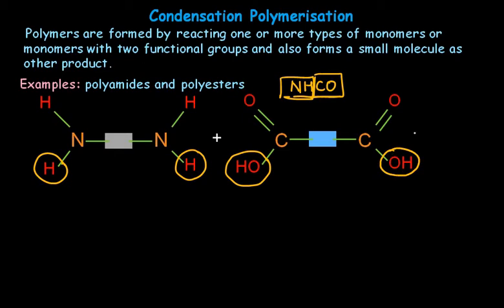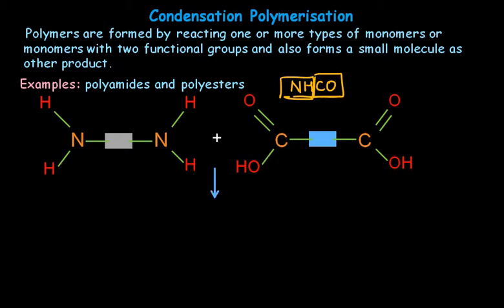Then only it can form a long chain polymer. If only one part of the water is removed, then only a dimer is formed, that is, only two monomers join together to form the dimer. But to form the polymer, continuous removal of such small molecules from all the monomers is required.